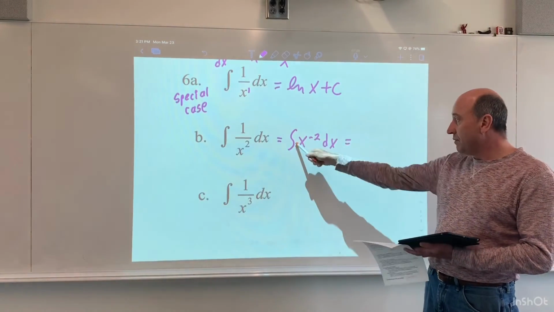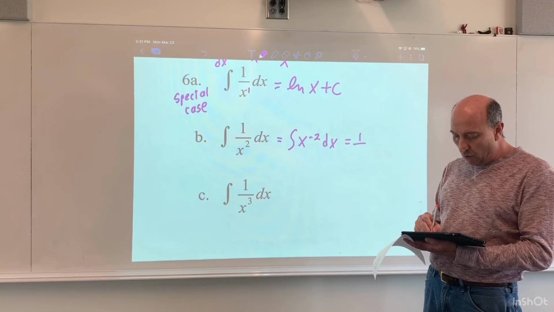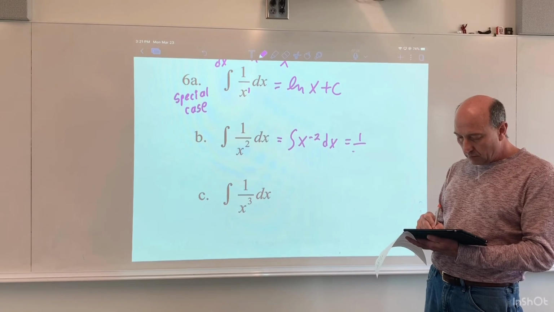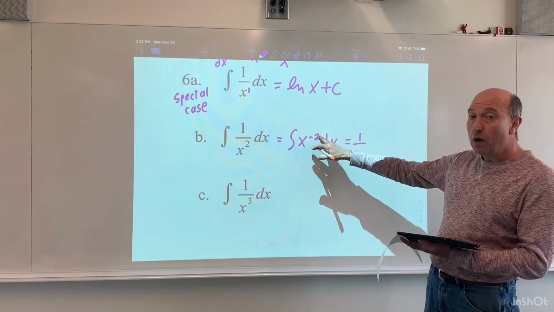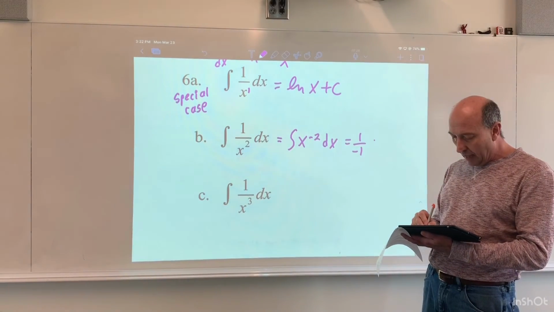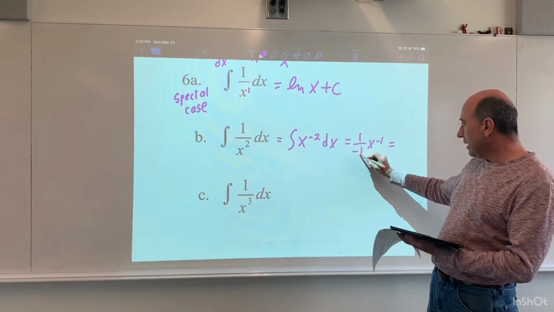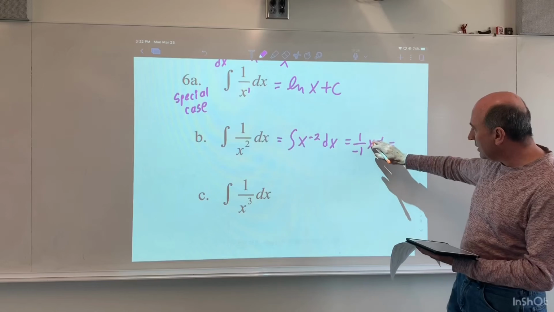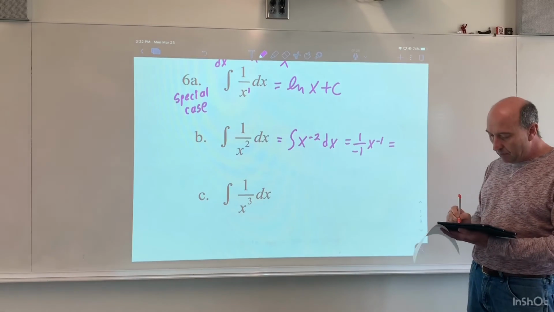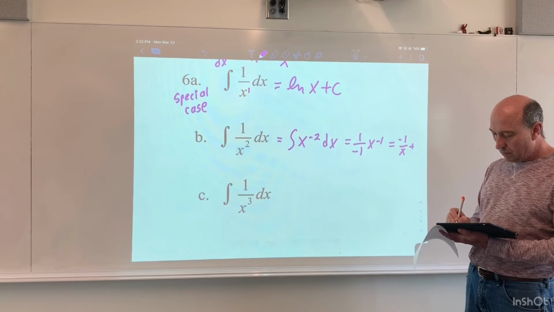So the antiderivative of x to the negative 2 with respect to x is 1 over the new exponent. Negative 2 goes up by 1. Negative 2 plus 1 is negative 1. X to the negative 1. So that's negative 1. And then x to the negative 1 flips to the bottom. So this is negative 1 over x plus c.